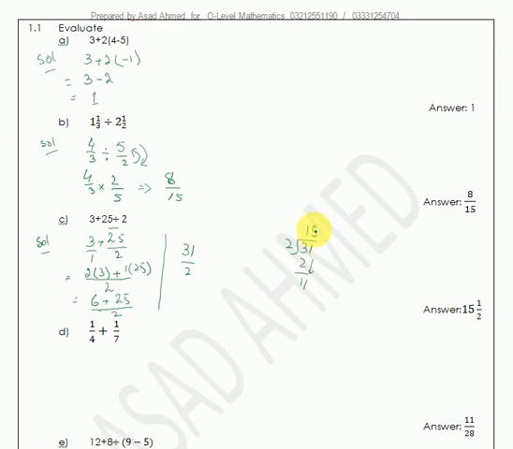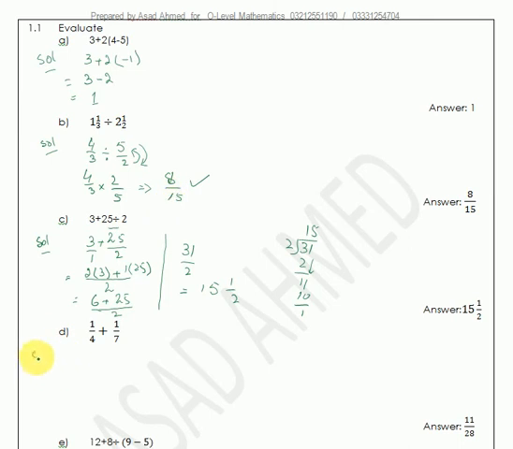Now 2 5s are 10, 1 is remaining, so the answer would be 15 whole 1 upon 2. Remember once again, whenever the numerator is greater than the denominator, we have to write the answer as a mixed fraction. In this case the numerator was less than the denominator, so we leave our answer as it is.